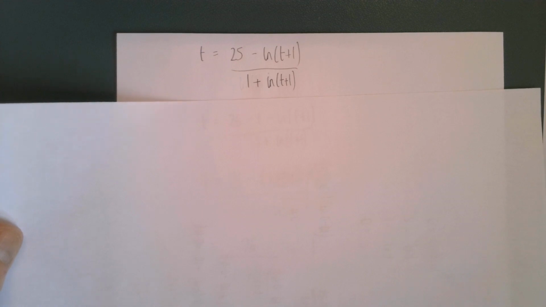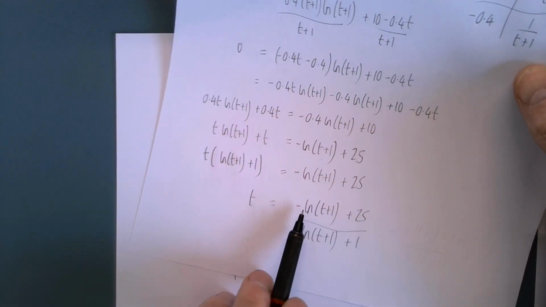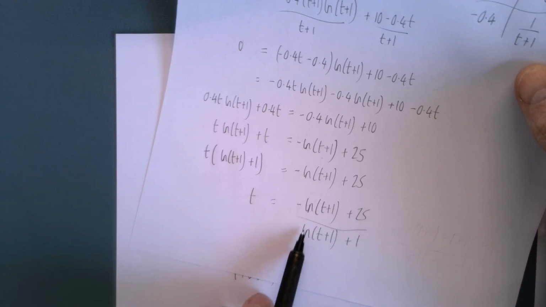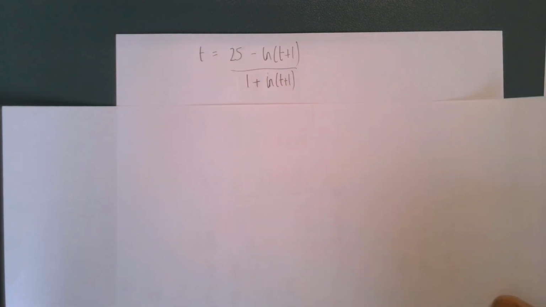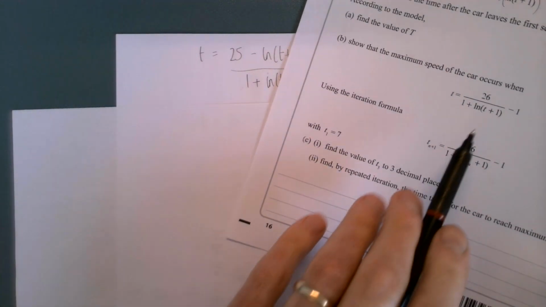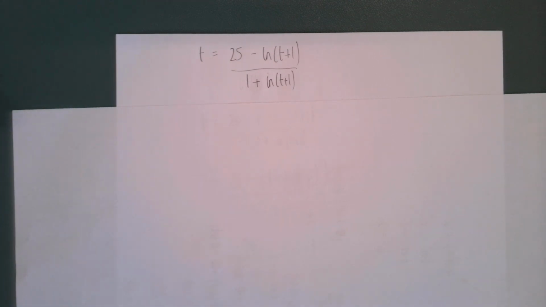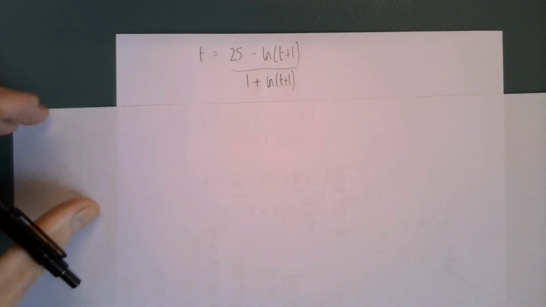So I've rewritten this as 25 minus ln(t plus 1) on the top, and I've flipped that around for no other reason than it's that way round in the show that bit. At this point I'm thinking, oh, I wanted a 26 and I've got a 25. Where have I gone wrong?